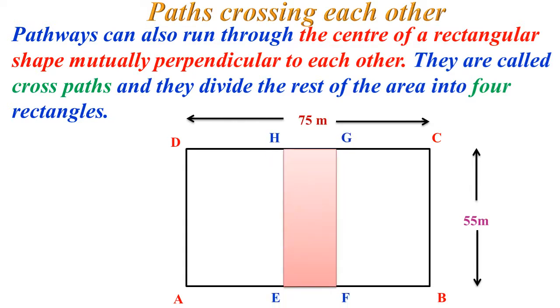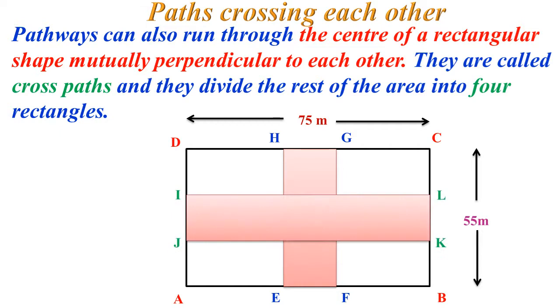Another rectangle EFGH, a third rectangle IJKL, and also PQRS, and also a path 5 meter wide. This is one example of paths crossing each other.